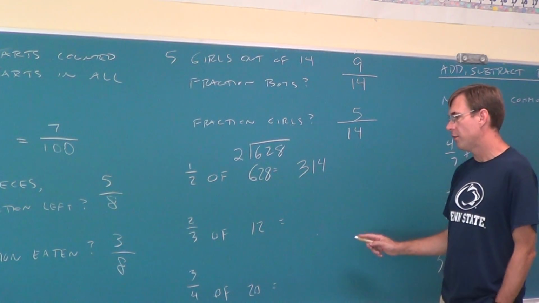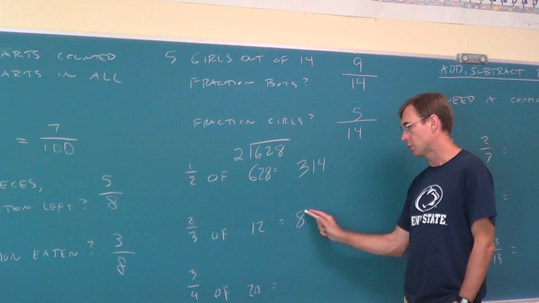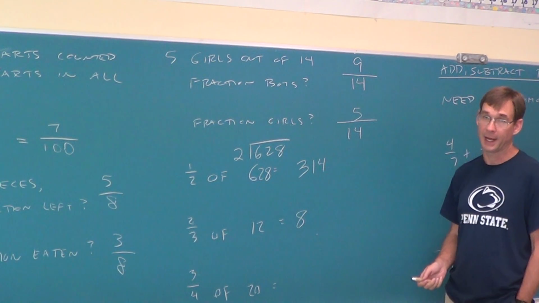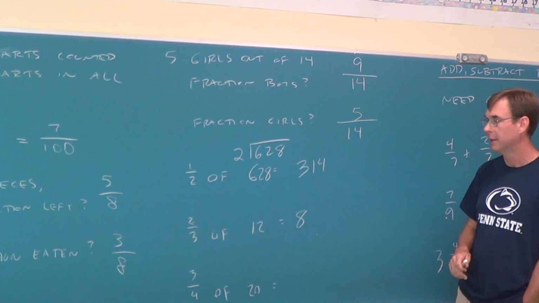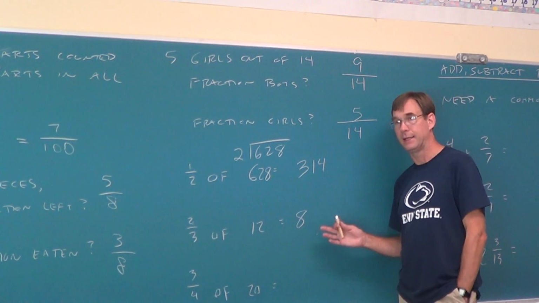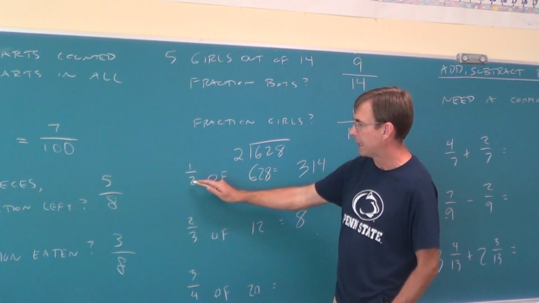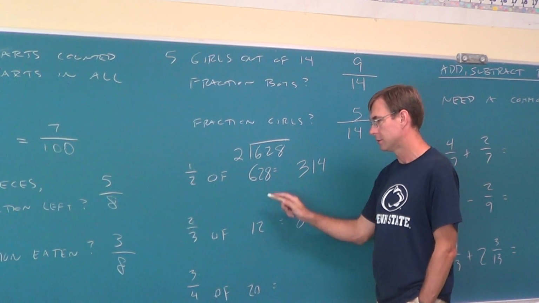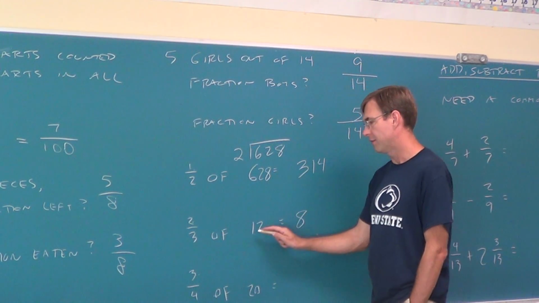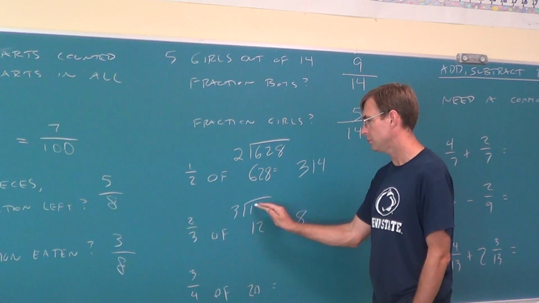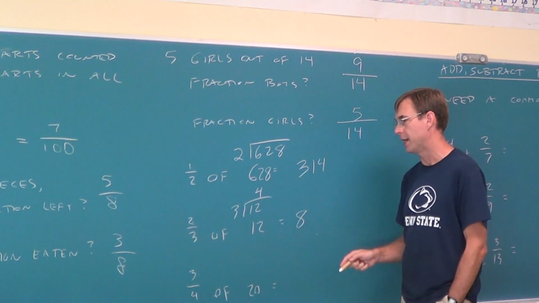2/3 of 12, if you're just looking for an answer, the answer would be 8. So if you figured out some way to get 8, you're on the right track. If you couldn't figure out a way to get 8, here's a way to get 8. Continue to do what we did before. Take the bottom and divide it into the number. So we're going to take 3, divide it into 12, and that's going to go 4 times.